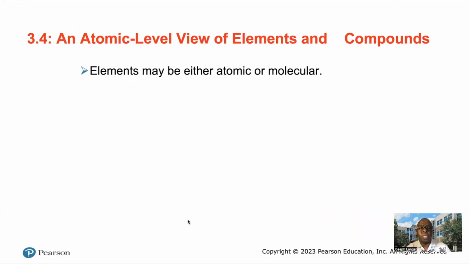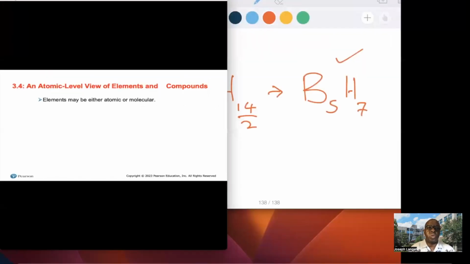Read more on this, representing molecules. At an atomic level view of elements and compounds, in section 3.4, elements may be either atomic or molecular. What do we mean by atomic? That means it can just be by itself, especially group 8 elements. Let me show you the difference.